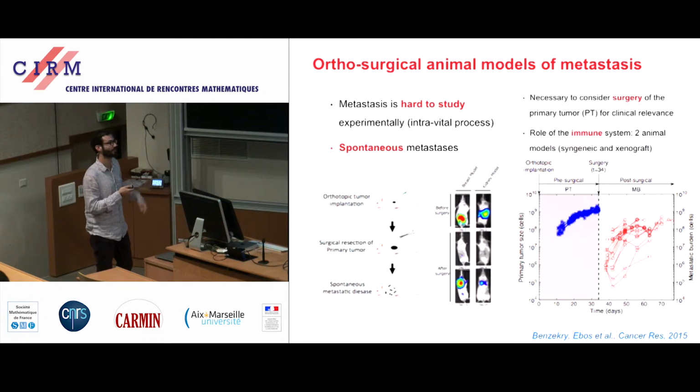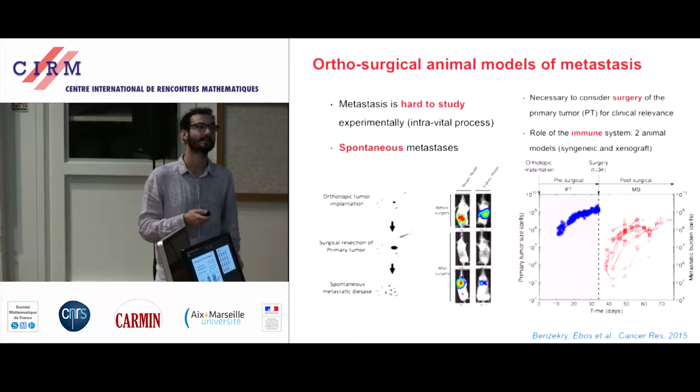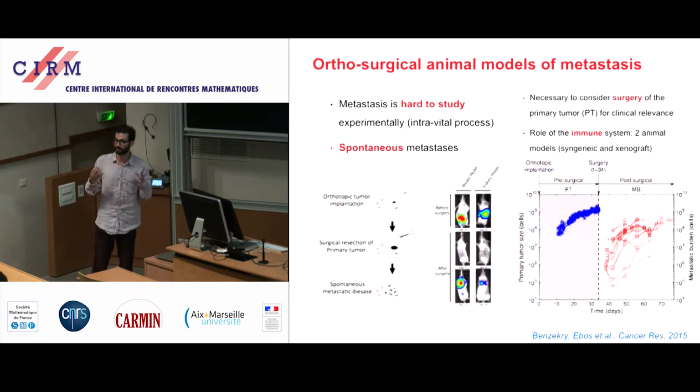For instance, we will focus here on a breast model, so it's going to be breast cancer cells, actually human breast cancer cells, injected into the mammary fat pad of mice, which grow up to some size, and then at some size they are resected. So in order to mimic the real clinical situation, he removes the primary tumor, and then he is able to have a model where there is a spontaneous development of metastatic disease after surgery.